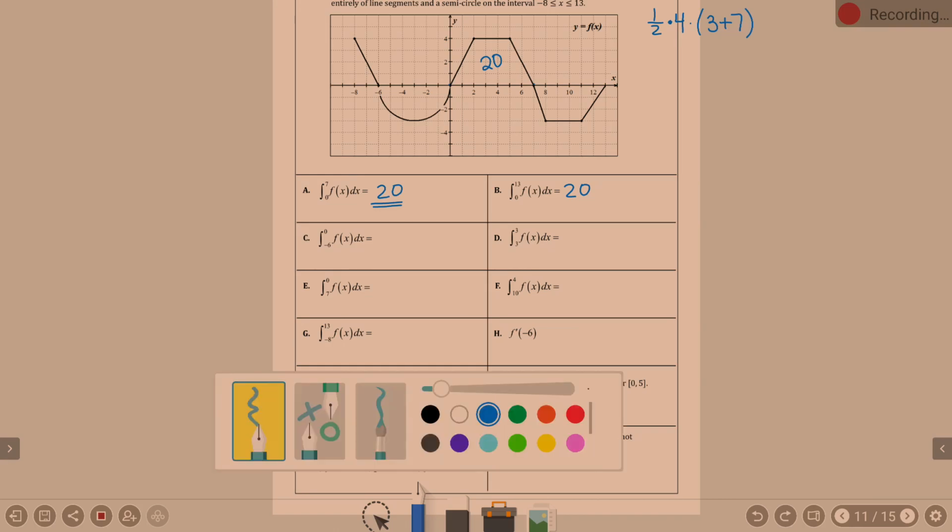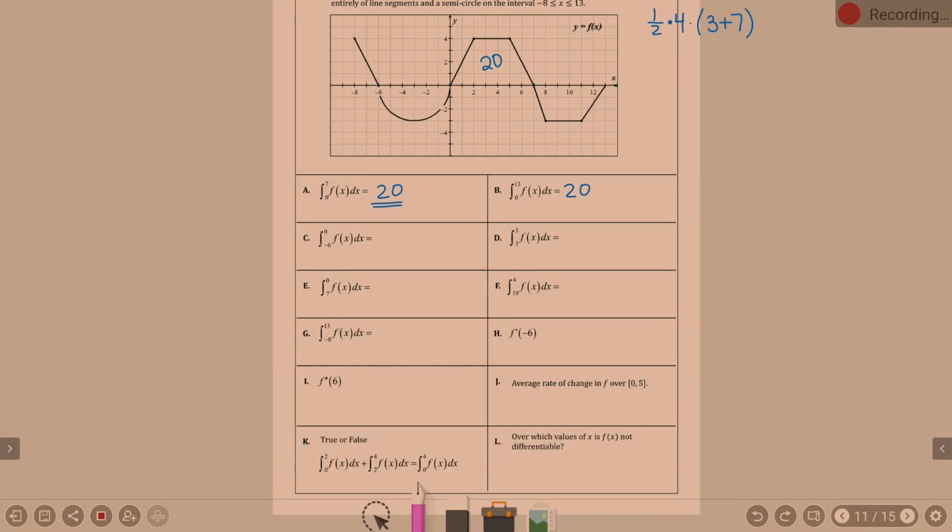And then we've got to figure out the 7 to 13. One half times a height of 3 and bases of 6 and 3. 27 over 2.